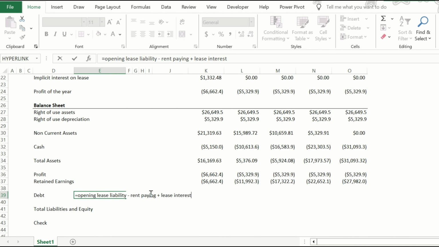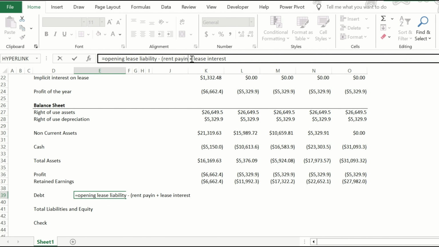You paid your rent, but a portion of that rent payment is equal to your lease interest. So the principal amount would be the rent paid minus your lease interest. Basically, the reduction in your lease liability is equal to what you pay minus the lease interest, because a portion of what you're paying is the lease interest.